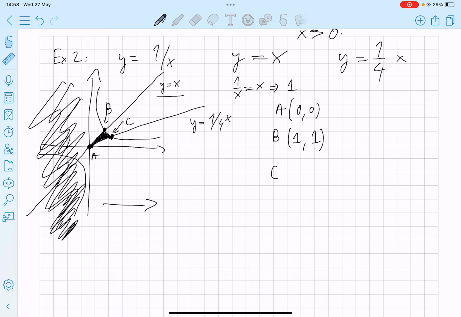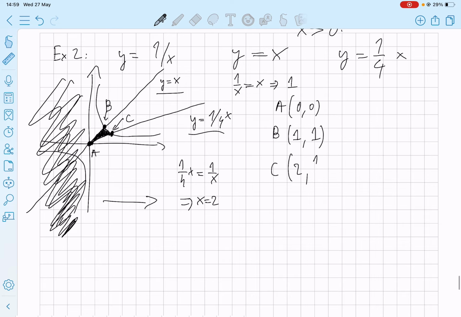And C is the intersection point between 1/4 x and 1 over x. So let's make these equal to each other, and it will give you x equal to 2, so C is (2, 1/2).